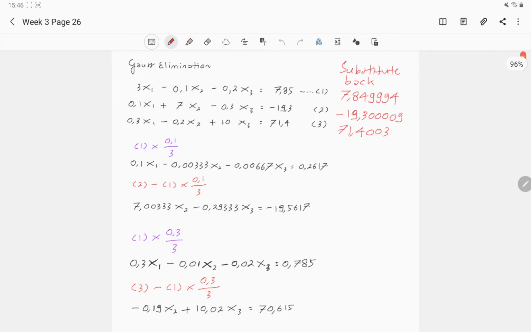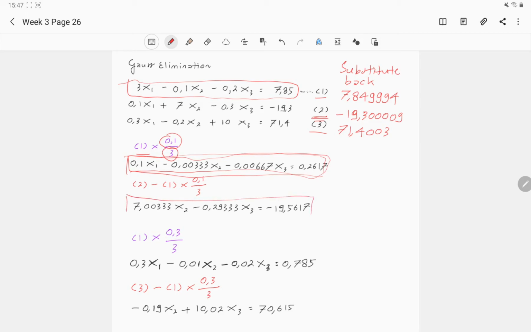In these notes, we show that there are 3 equations, 1, 2, and 3. The first step is to multiply the first equation by 0.1 divided by 3. After we multiply, we get these equations. Then we subtract these equations from equation number 2 to get these equations.